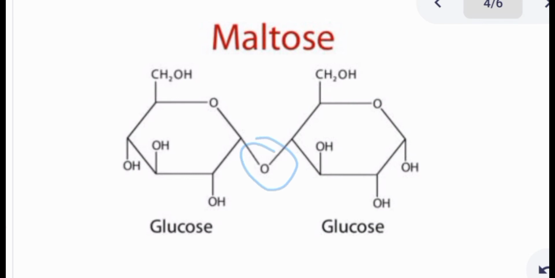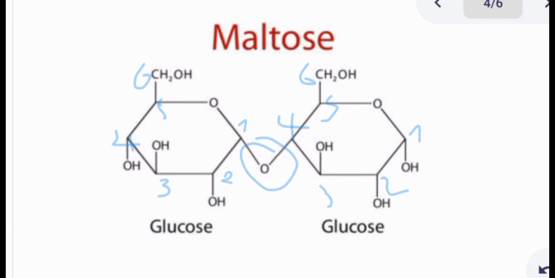This is the glycosidic bond formed here, and it is formed downwards, meaning that first, let's number the structure and see. So that is 1, 2, 3, 4 here, 5, and 6. This is also 1 here, 2, 3, 4, 5, and 6.